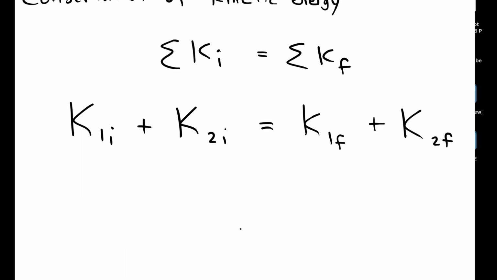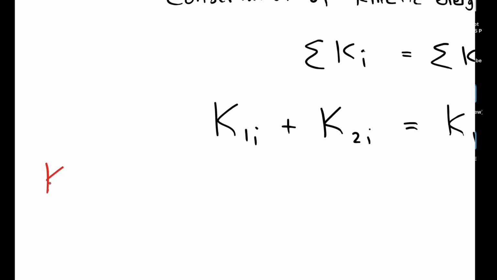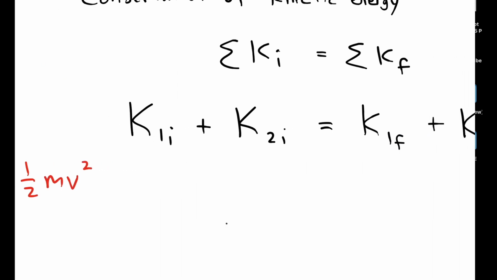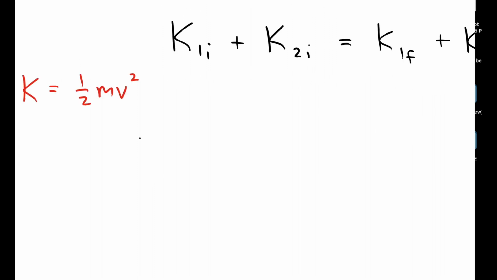We have a formula for kinetic energy that we can substitute in here. The formula was 1/2 mv squared. So let's now substitute that formula in for every term here.